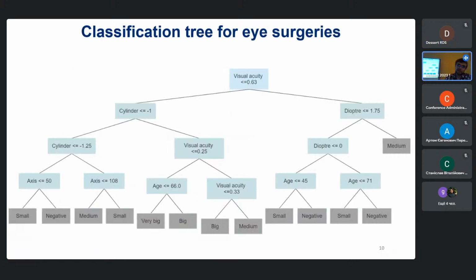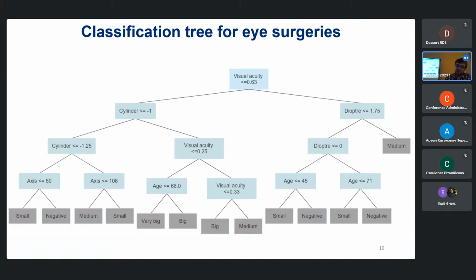And in the first experiment, we just took the data for all the patients and saw what happens. As you can see, the visual accuracy before operation was quite important, because patients with relatively good vision before operation don't have such a big room for improvement.